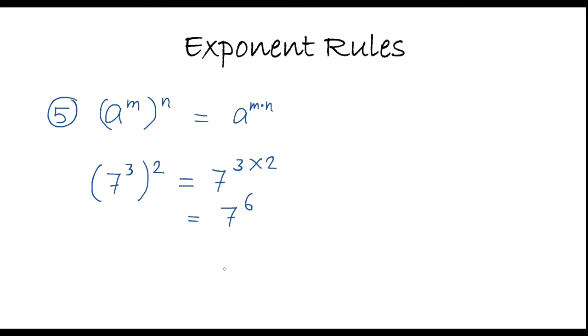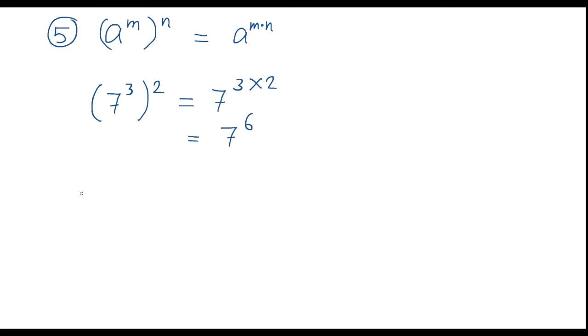Now, why the powers multiply together? Let's have the explanation here. 7 cubed is squared. That means this 7 cubed will come 2 times, right? 7 cubed into 7 cubed, right?